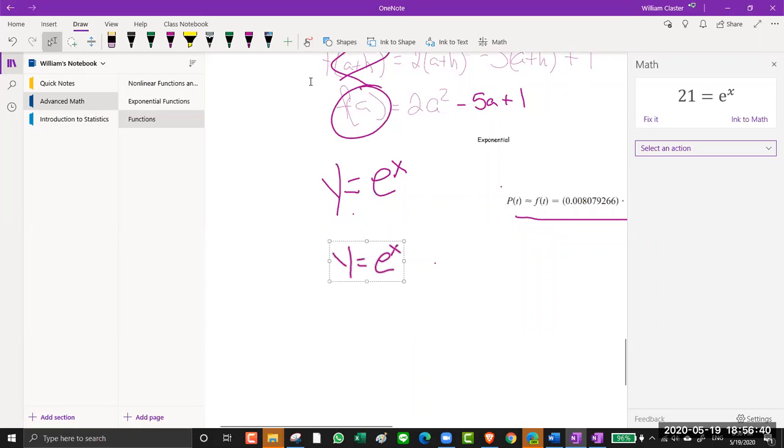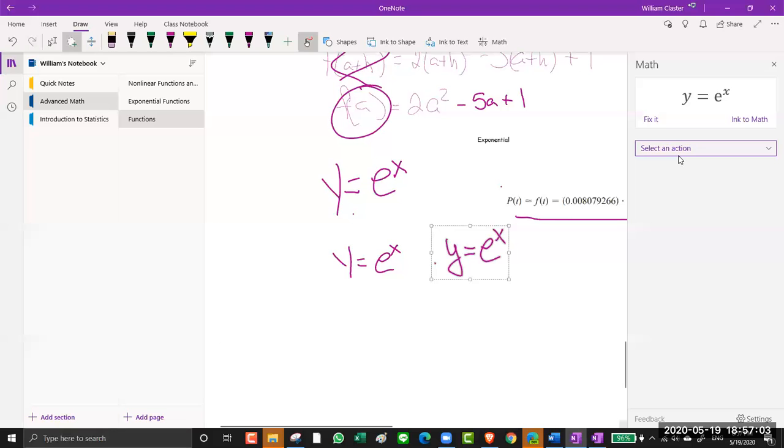All right, once more. Hopelessly difficult to use this actually. Y equals e to the x. Let's try it once more.